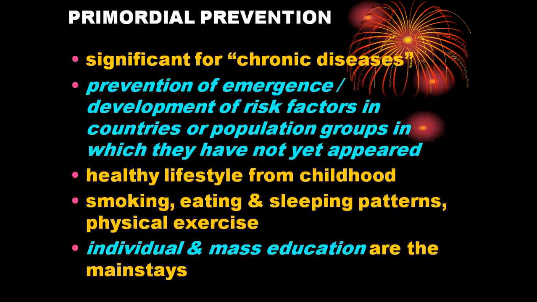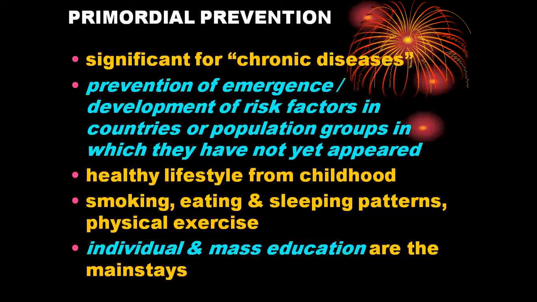And the mainstays of such primordial prevention are individual and mass education. We have been taught by our parents, our grandparents. Sometimes we listen to the news or we see things on TV or we read it in the newspapers, or we see something on our phone, some kind of message. So therefore we are educated and we are aware that we should not do this.